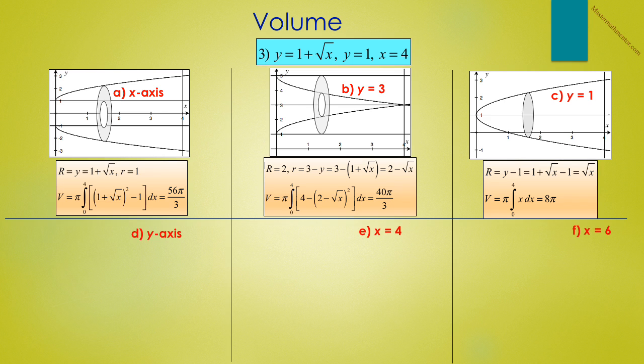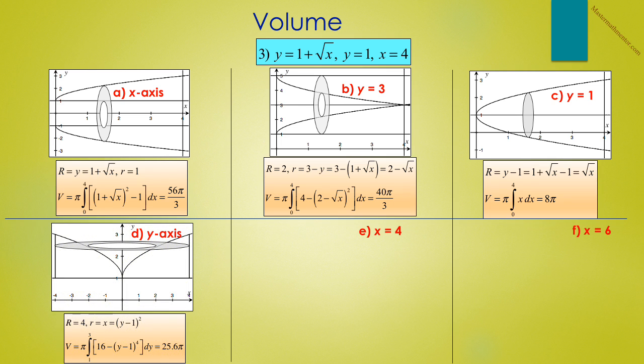In D to F, we are now rotating our region about vertical lines, and these will become dy problems. In D, we are rotating our region about the y-axis, and this becomes a washer situation. Capital R is 4, while little r is the x variable.